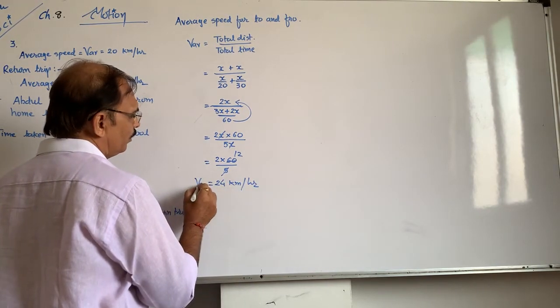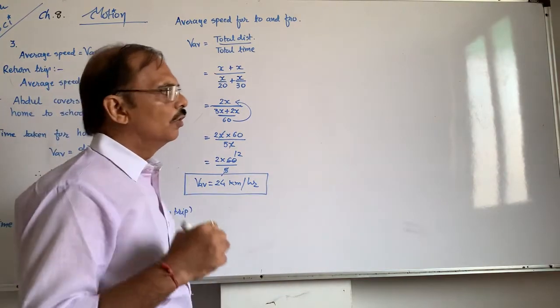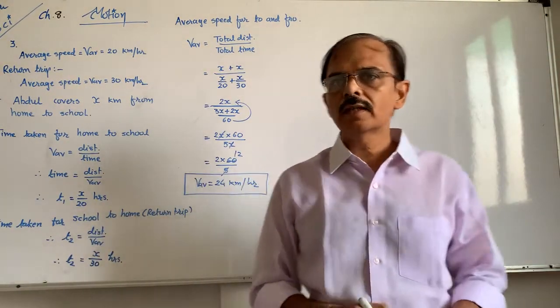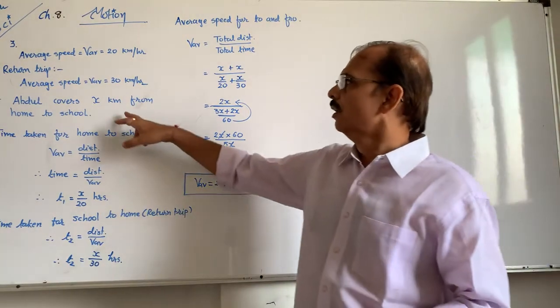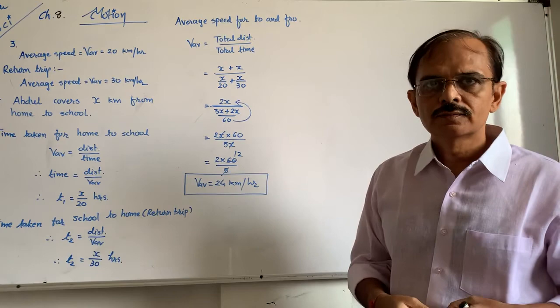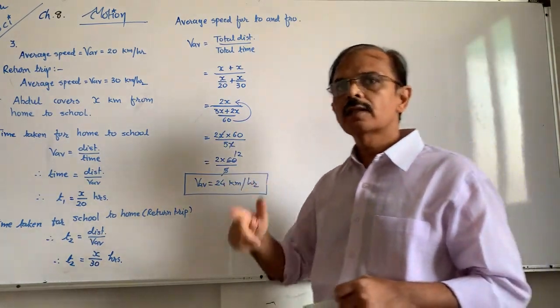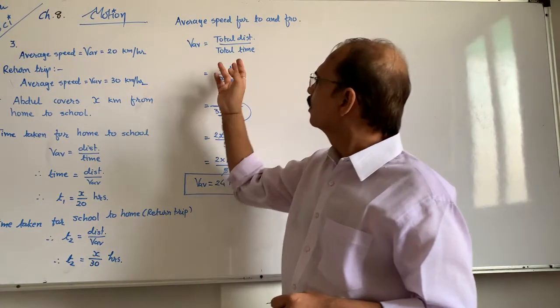This is the average speed of to and fro, from home to school and school to home. Okay, this is important because here you have to suppose the distance between home and school. We suppose it is x, going x kilometer, return x kilometer, that is total 2x.